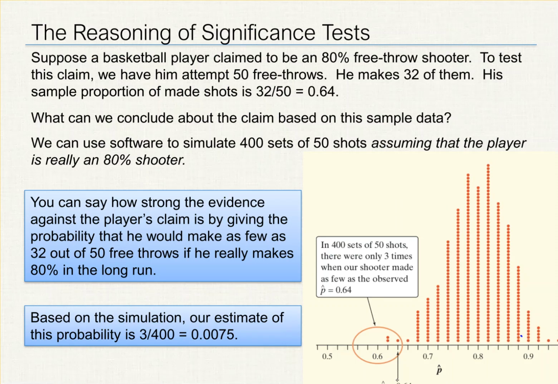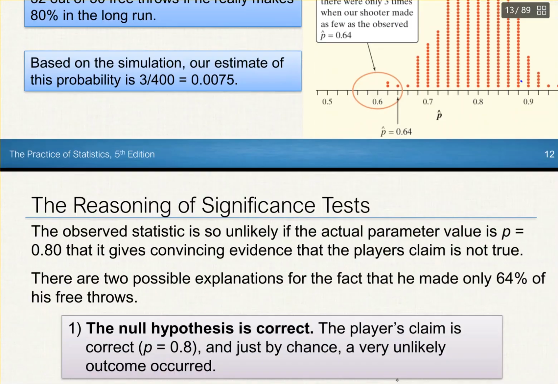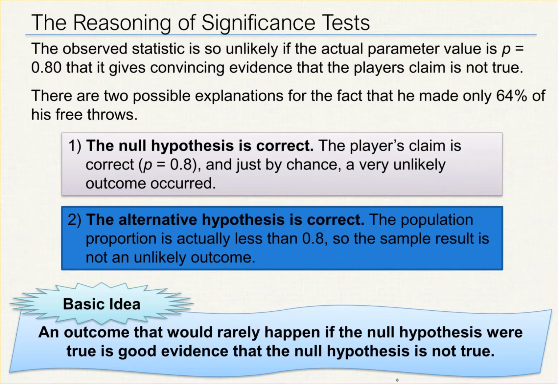In this data, where it happened 32 out of 50 free throws, it could happen 3 out of 400 times, or 0.75% of the time. So again, highly unlikely, and in our case, very, very unlikely. If 400 people who make 80% never shot that low, then it's highly unlikely our guy shoots 80%.